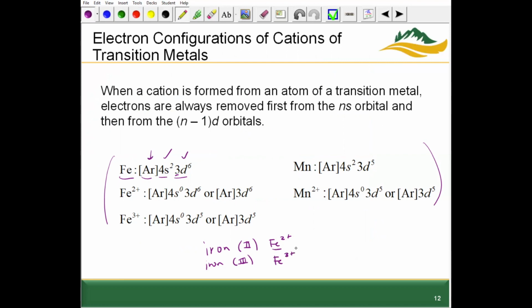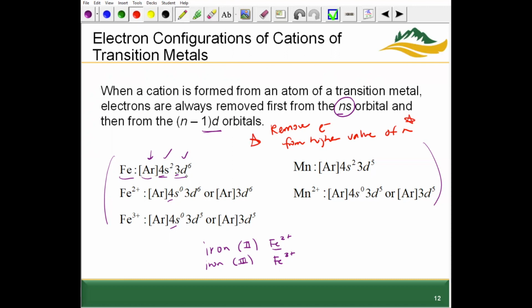An important consideration here is that when electrons are removed, they're removed from the higher value for n. We're not removing electrons from the d orbitals first. We are removing electrons from the higher value for n. So that's actually from the s orbital first.